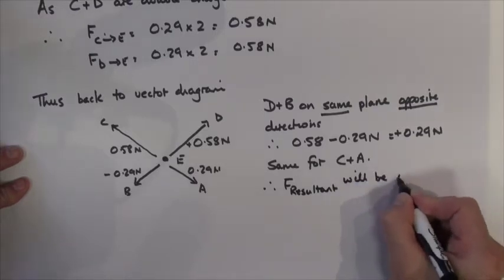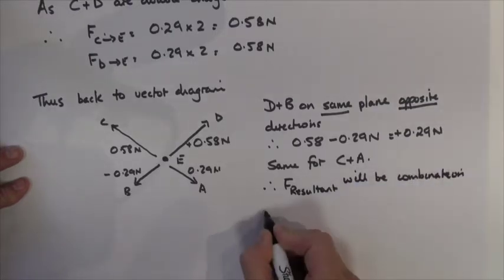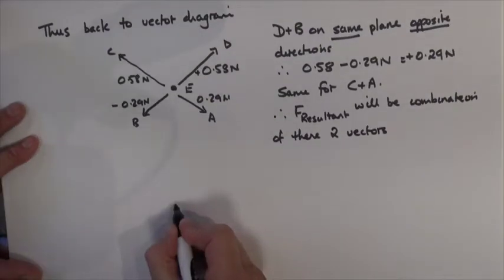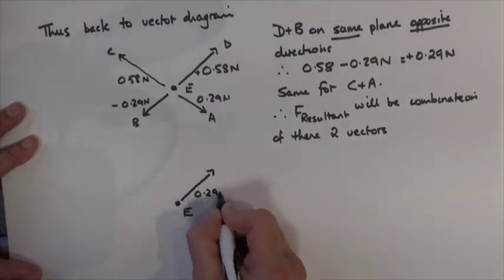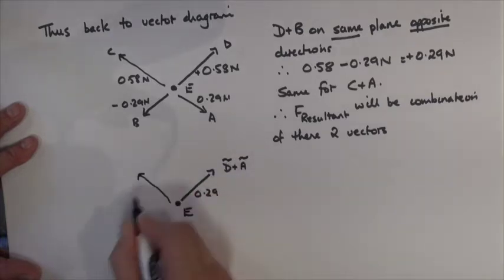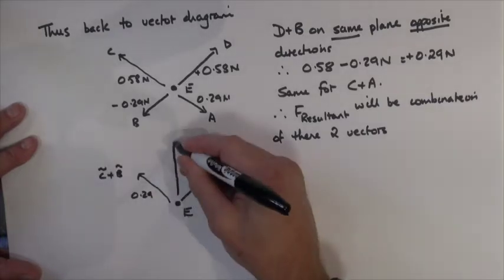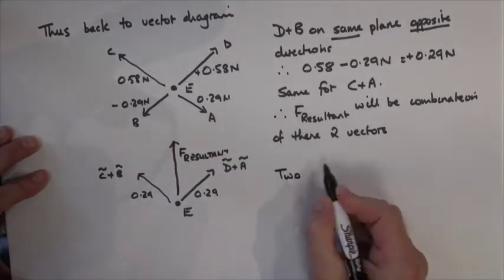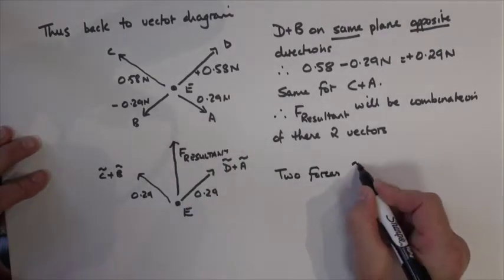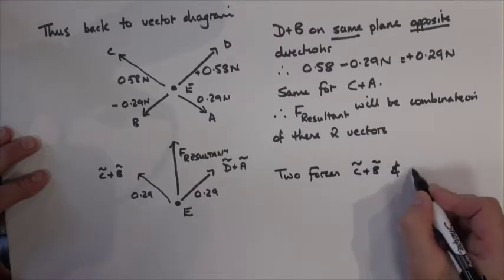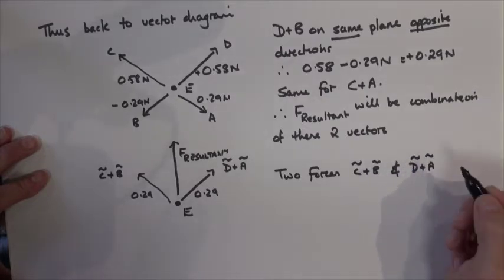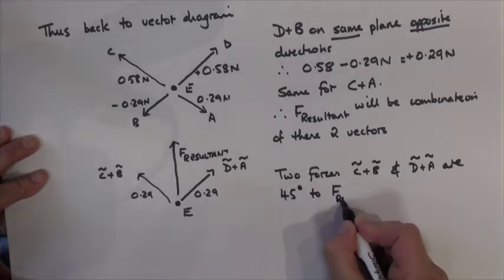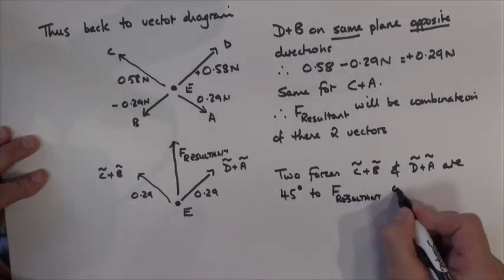Now the resultant will be a combination of these two forces acting upwards, because they're positive, with a force of 0.29 newtons. So we can draw our vector diagram here. Here's our resultant force, and we've got our two forces which applied together produce this resultant force, one from vectors D and A, and one from vectors C and B, both at 0.29 newtons at 45 degrees.